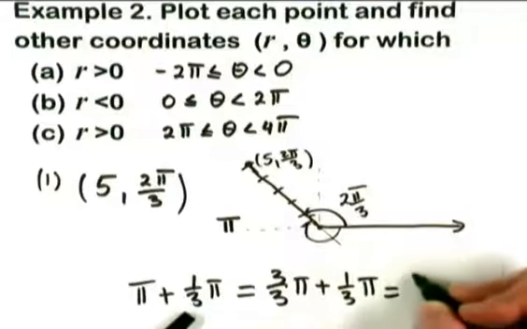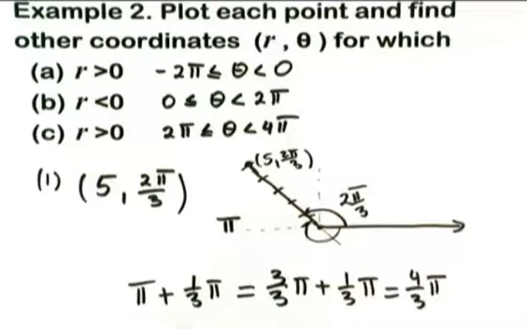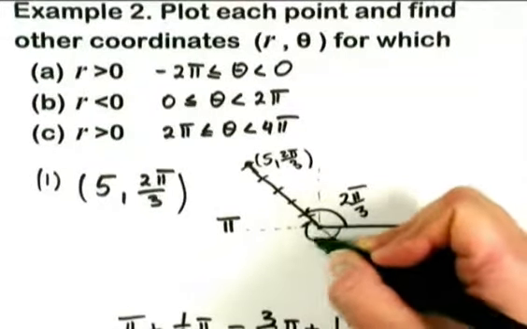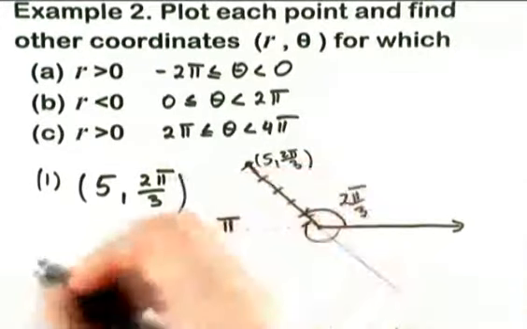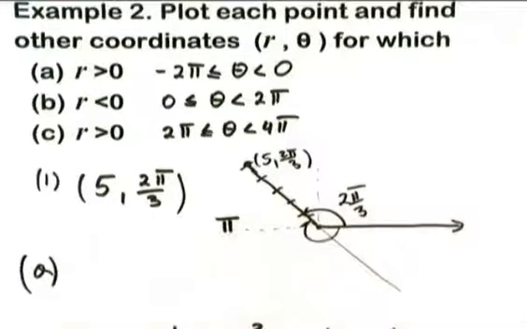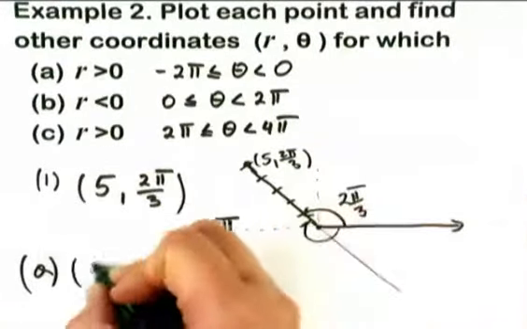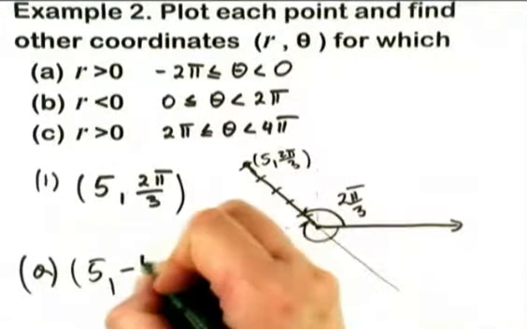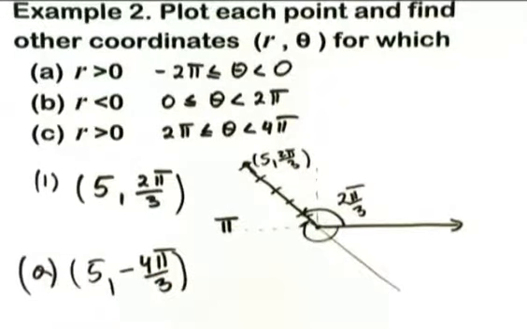So this angle is 4/3 pi, or 4 pi over 3. But this is in the negative direction, so this angle is negative 4/3 pi. So for A, the different representation with positive r is going to be 5, and the negative angle minus 4 pi over 3. That gives me the same representation.